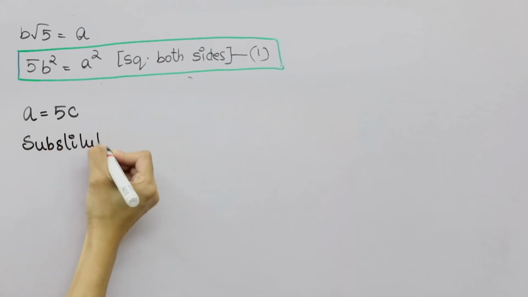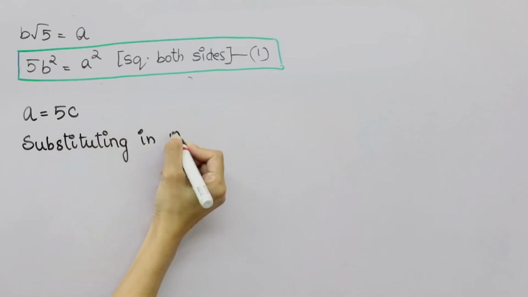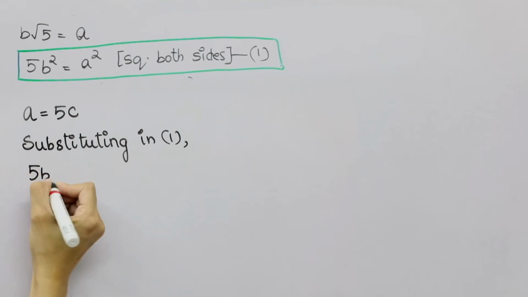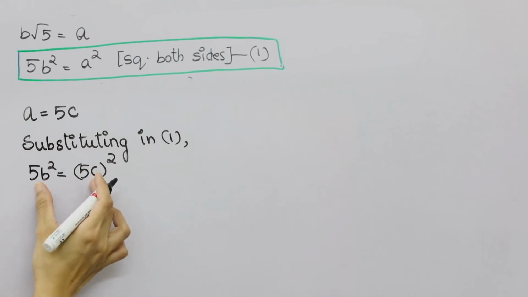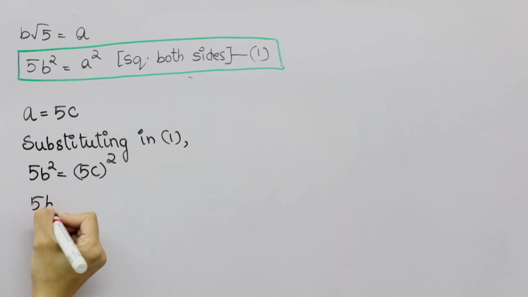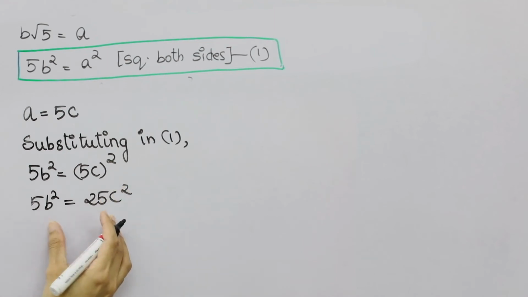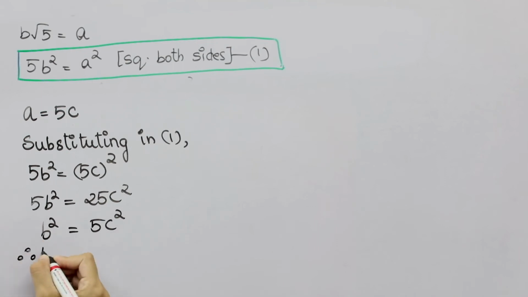So substituting in equation 1, what is equation 1? 5b square equal to a square, which now becomes 5b square equal to 5c the whole square, which is equal to 5b square is equal to 25c square. Cancelling 5 here, we get b square equal to 5c square. So b square equal to 5 into some number. Therefore, 5 is a factor of b square.